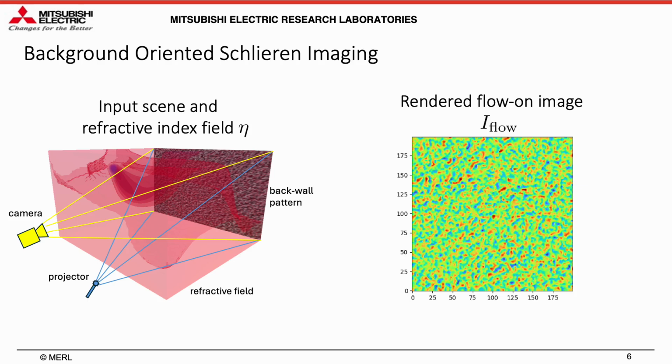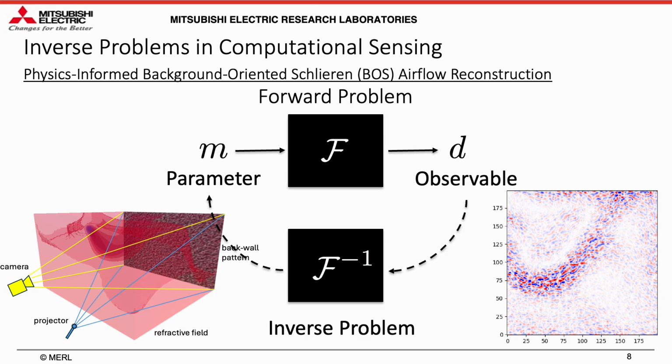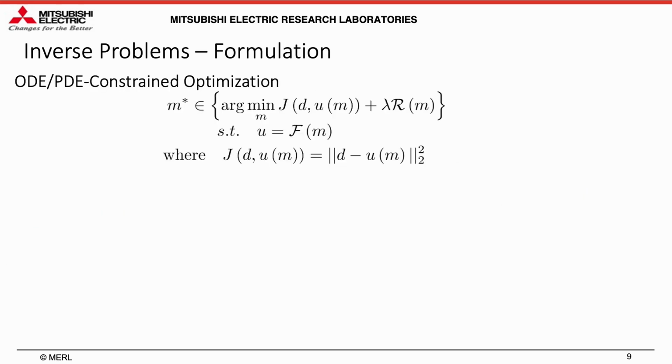And to visualize that difference, if we compute the intensity difference between the two images, we can now actually see the Schlieren effect, where you can see that there's a distortion in the texture, specifically in the locations where the flow exhibits the highest density gradient. And as a result, the refractive index gradient. And so our task is to map from the observables, which is the Schlieren image, back to the parameter space, which we'll refer to as M in this case.